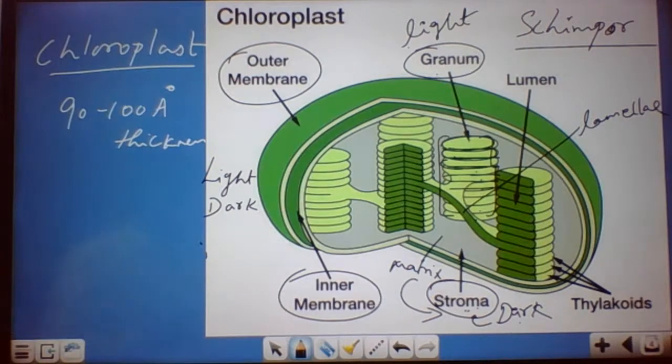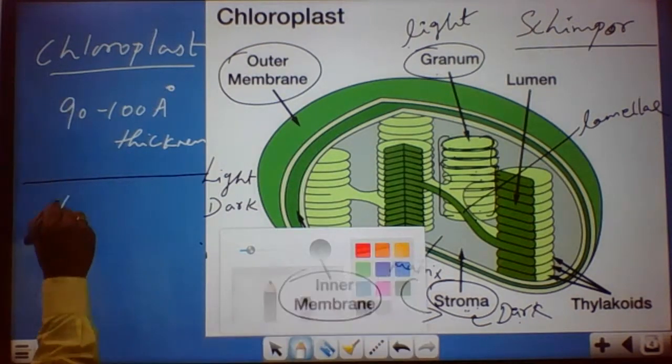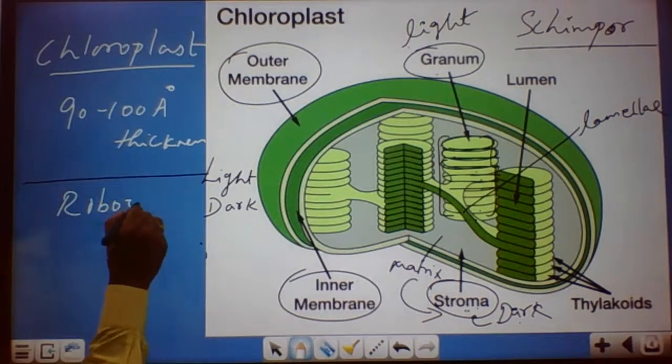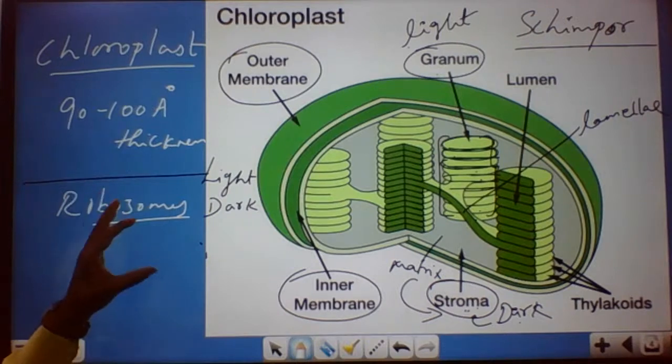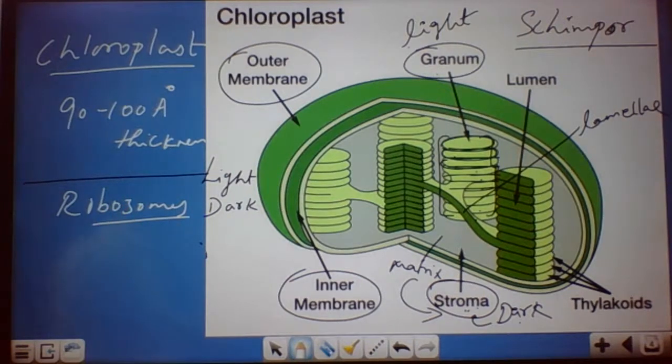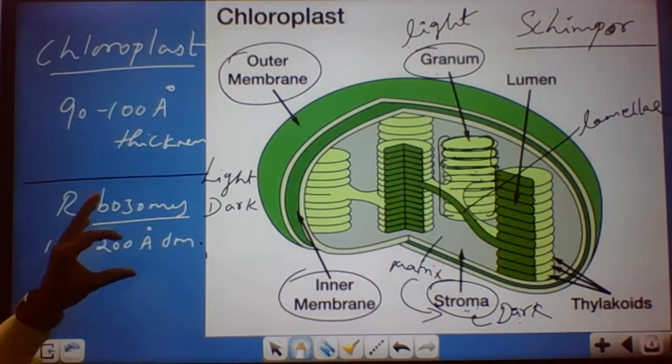Next we move on to the ribosomes. We don't discuss the ribosomes much because you already know about them. The ribosomes are the smallest cell organelle that I already told you. Usually it is 150 to 200 angstrom in diameter, and it doesn't have any membrane.